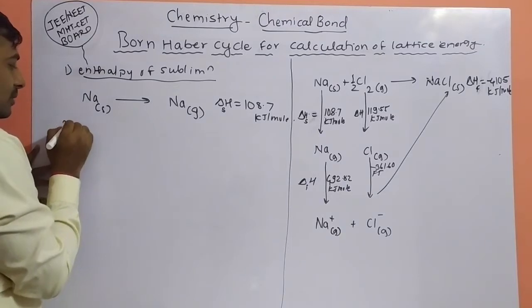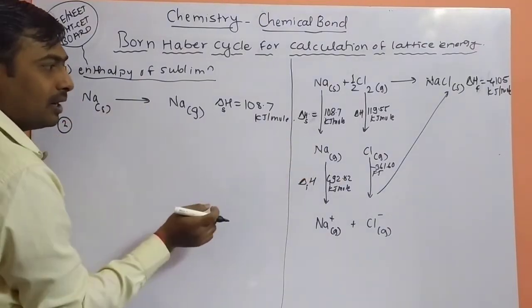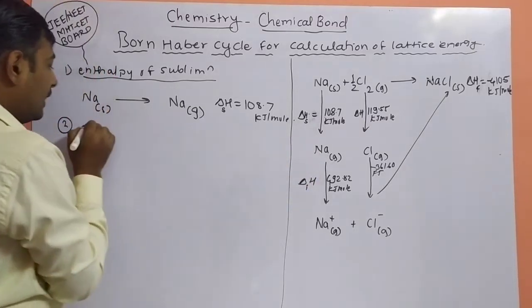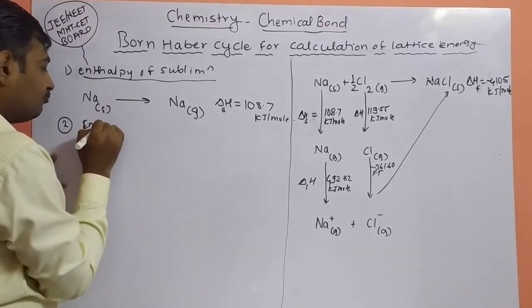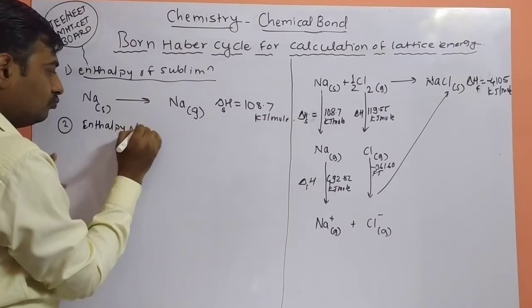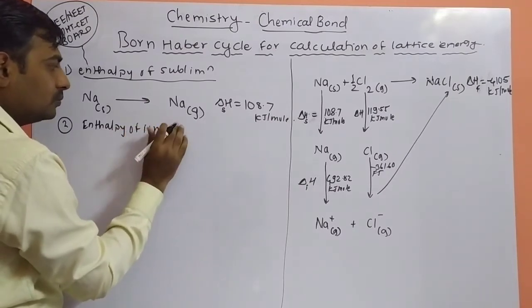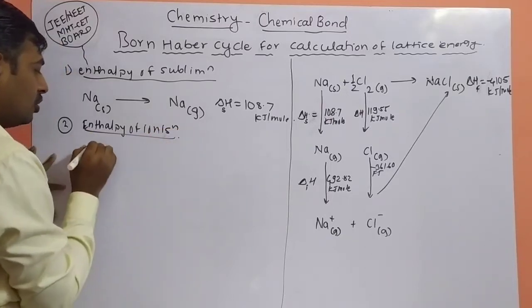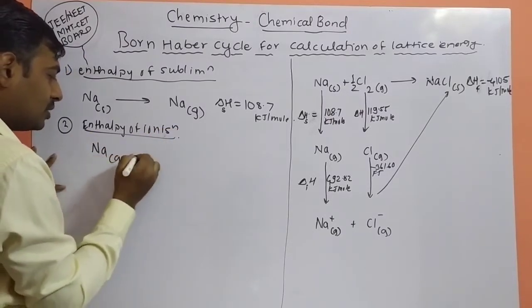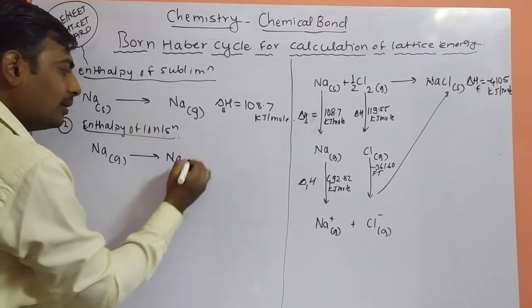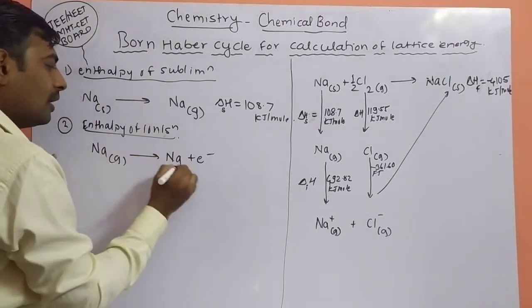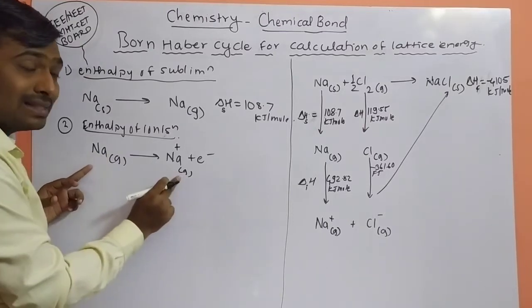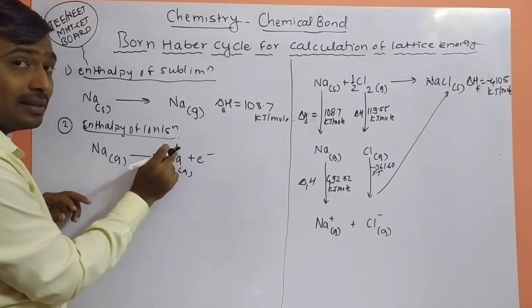In the second process, what are we dealing with? Ionization. So, enthalpy of ionization. What is ionization? Gaseous sodium loses one electron and forms the gaseous sodium ion, carrying a plus one charge.